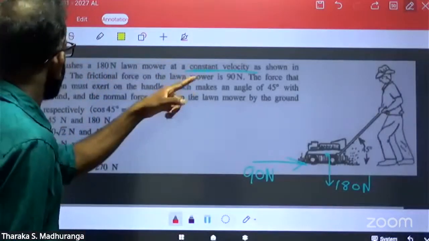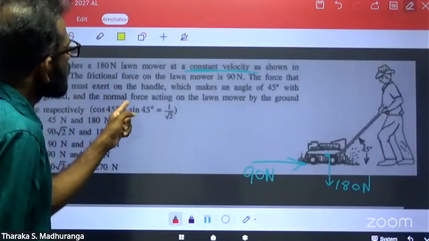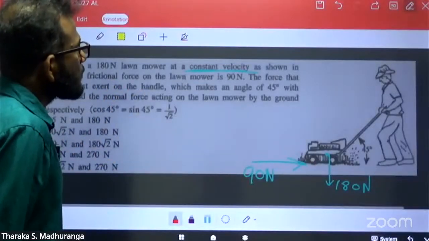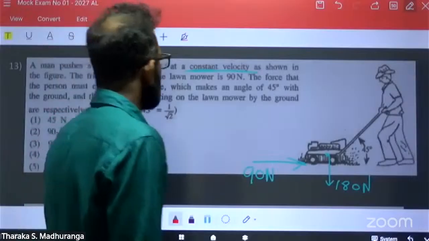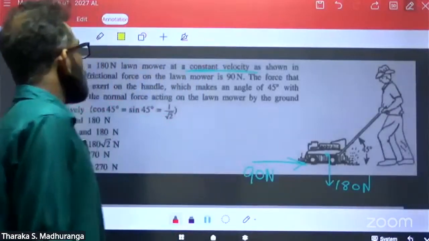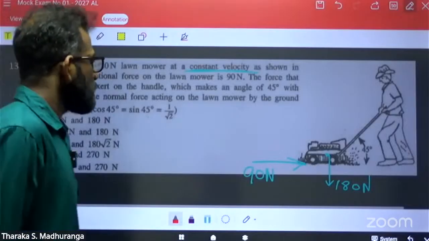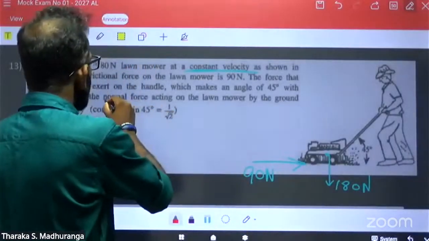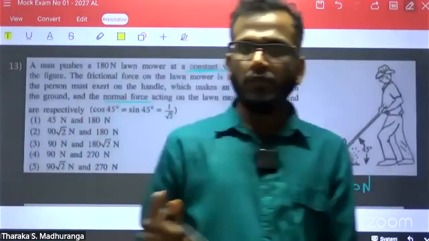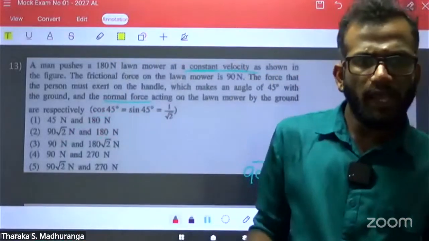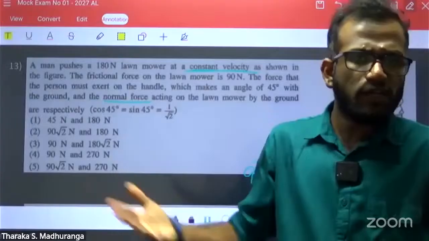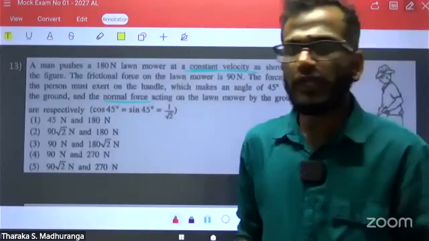The force that the person must exert on the handle, which makes an angle of 45 degrees with the ground, and the normal force acting on the lawn mower. Normal force means perpendicular reaction, different words.